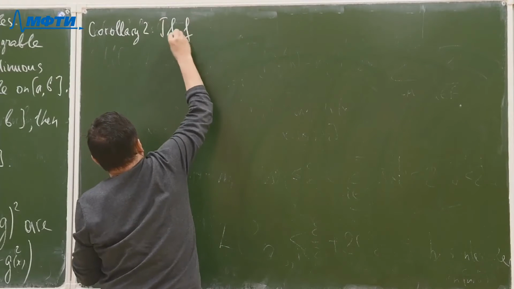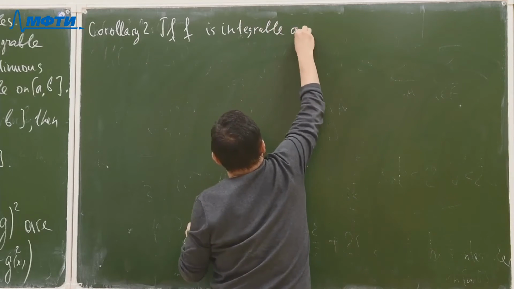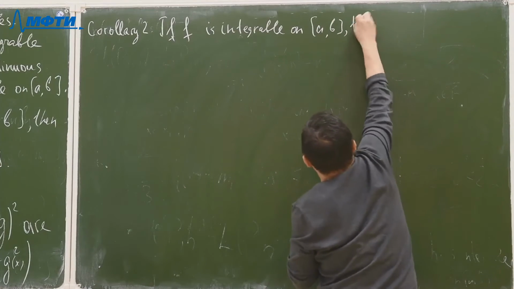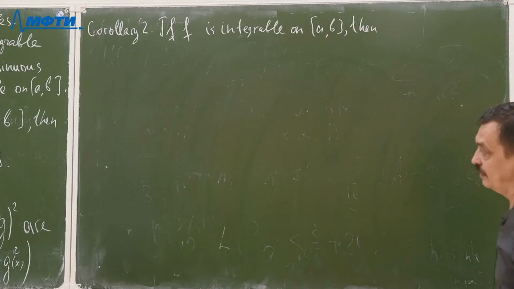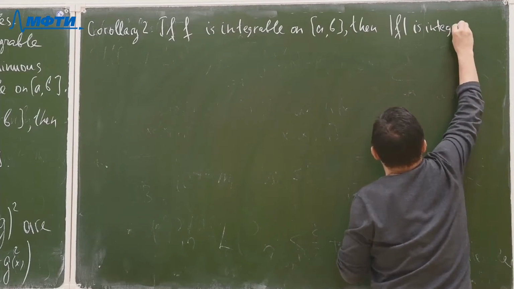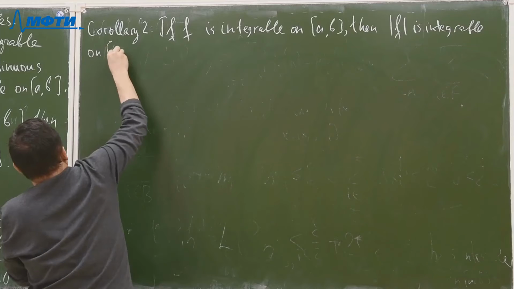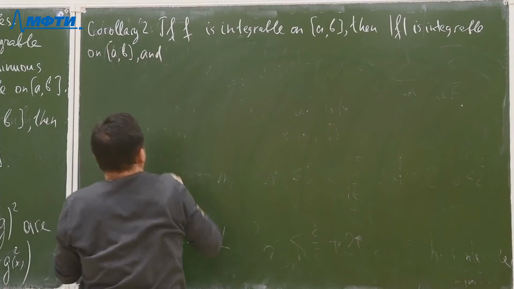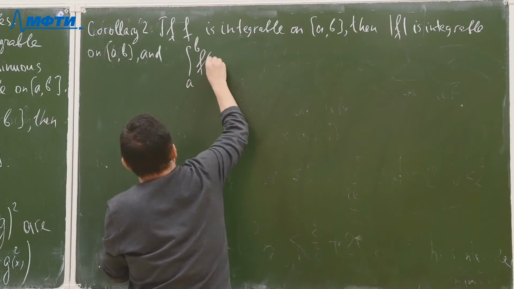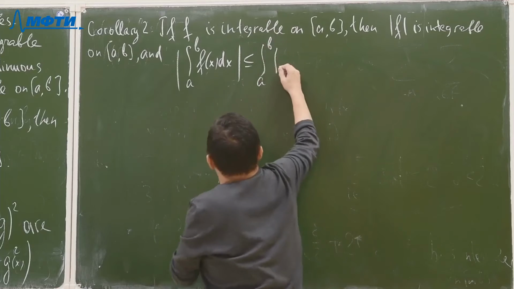If f is integrable on AB, then modulus of f is integrable on AB, and the modulus of the integral of f of x dx is less or equal to the integral of the modulus, sorry.